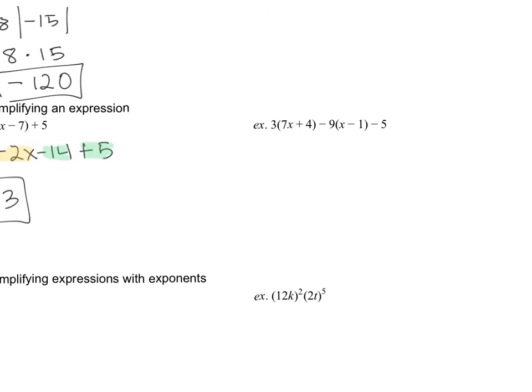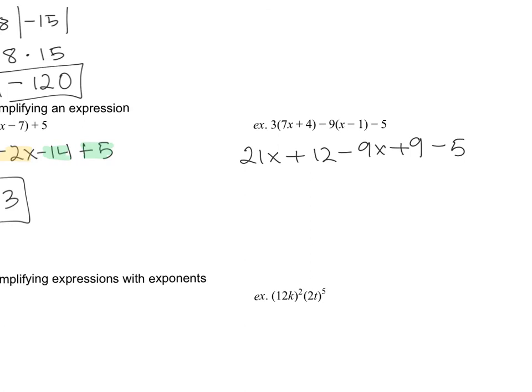Our second example, 3 times (7x plus 4) minus 9 times (x minus 1) minus 5. We're going to distribute first, so 21x plus 12 minus 9x plus 9 minus 5. That negative 9 is distributing to a negative 1, which is going to change it to a plus 9.